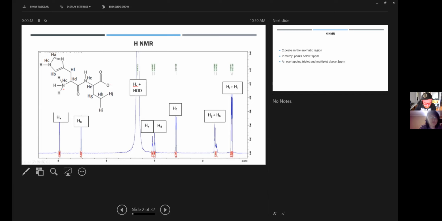This is the HNMR. This was the one that we got back first, before we had identified our unknown dipeptide. So this was just the first NMR that we got back.